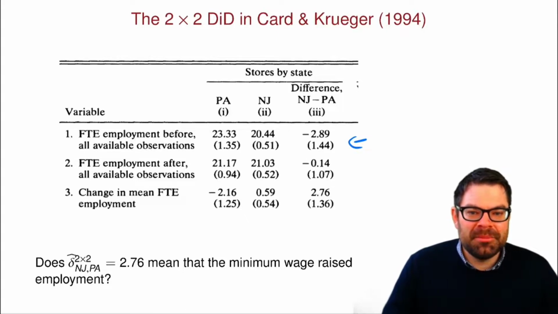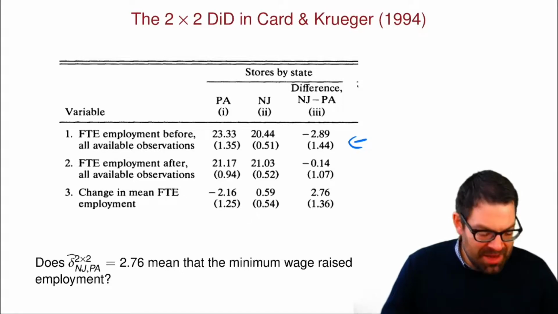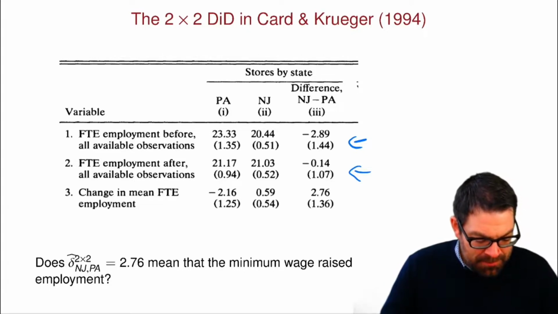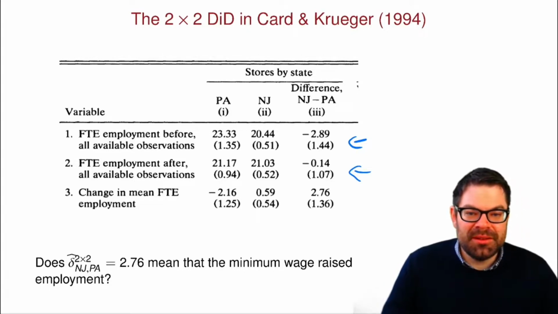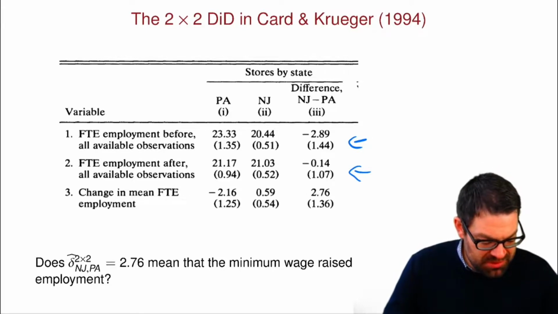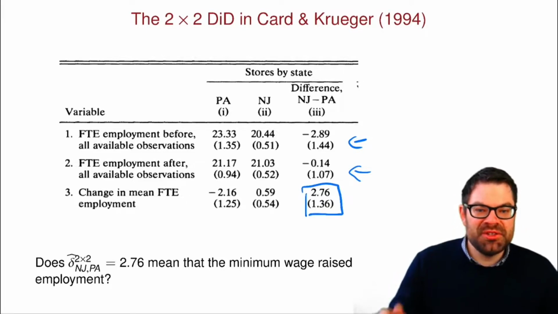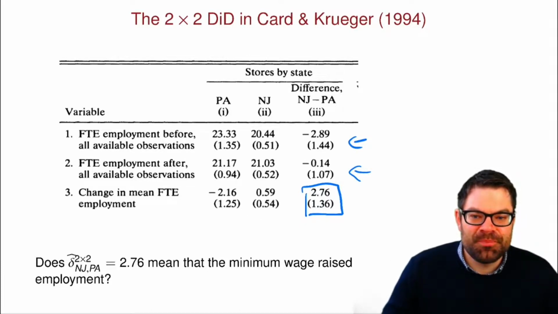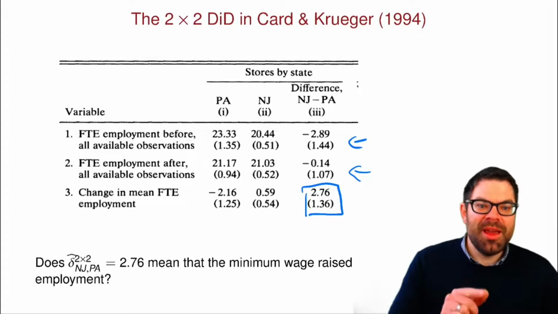And afterwards, it was still higher, but the gap actually shrunk. And so then the difference in differences between those two dimensions, before and after, New Jersey versus Pennsylvania, is this. Okay, so it actually implies that the introduction of the minimum wage not only did not have an effect on employment, it actually raised employment.